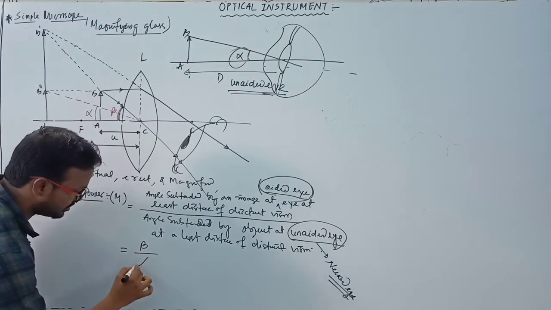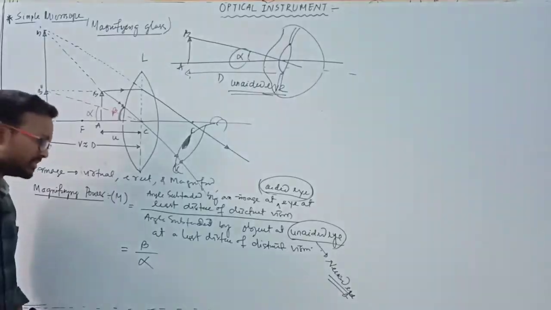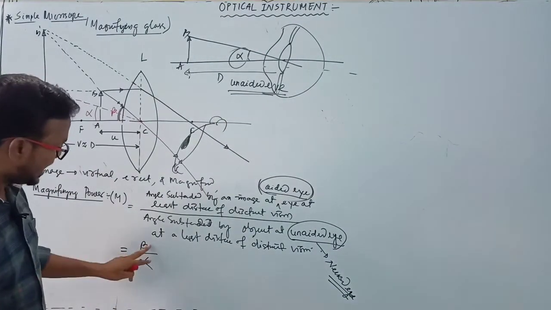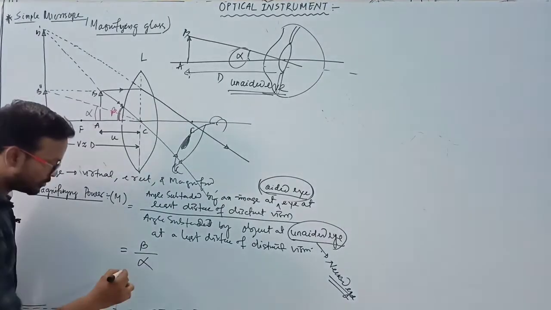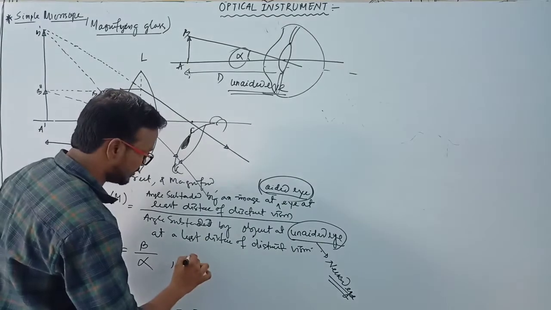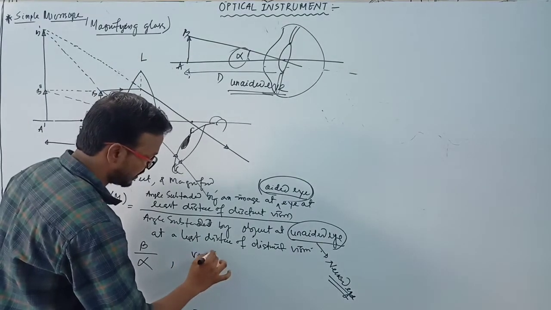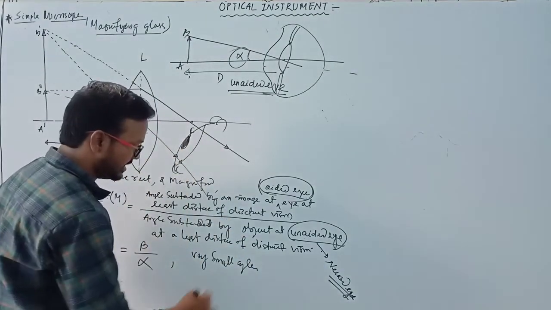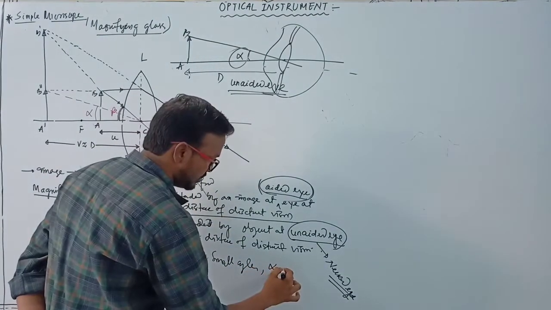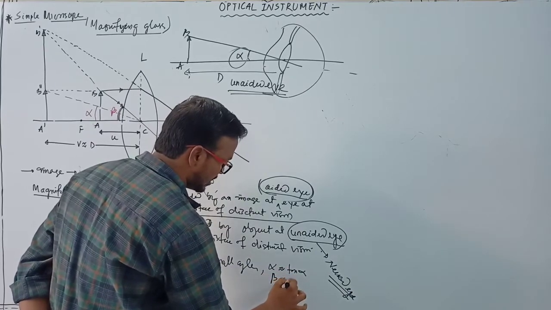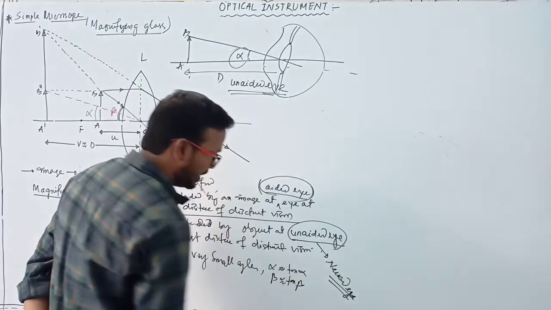So at that time we use alpha, but this angle is very small. Alpha and beta are very small, so for a very small angle at the eyepiece we can use alpha nearly equal to tan alpha, and beta nearly equal to tan beta.